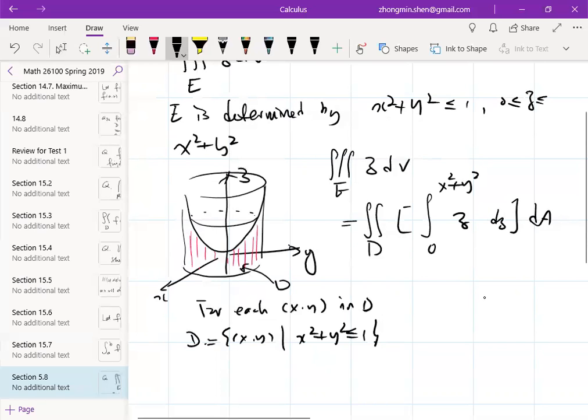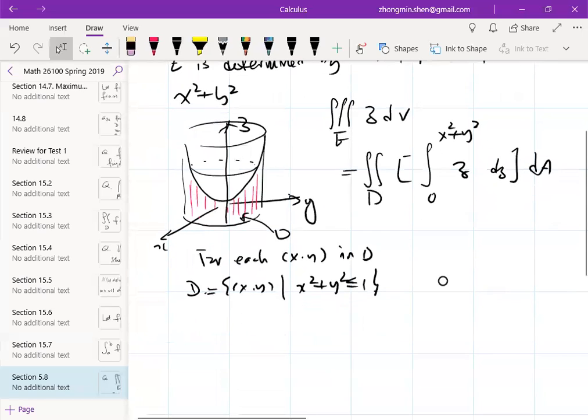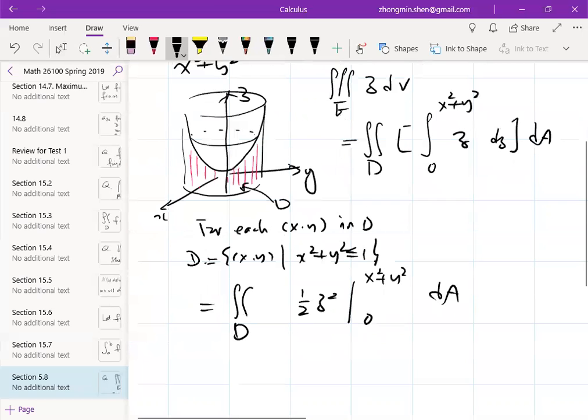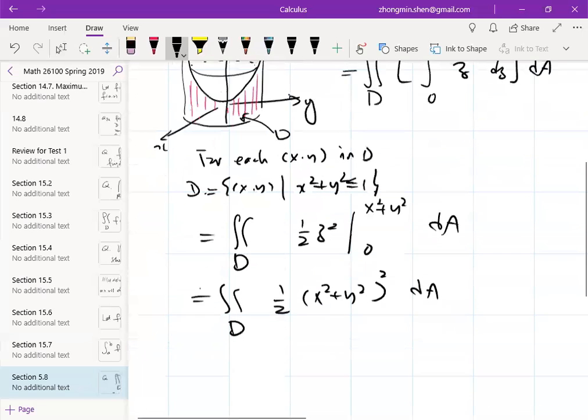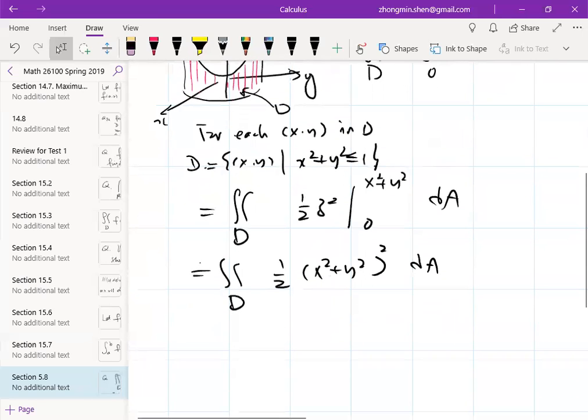Then you evaluate this integral, and you will get half of the quantity x squared plus y squared, squared, dA. So now you have a double integral on the disk.